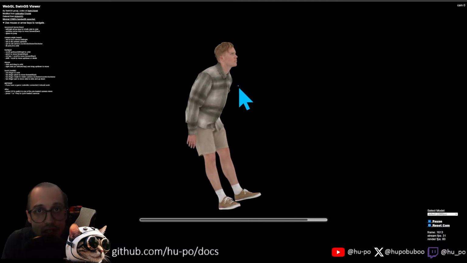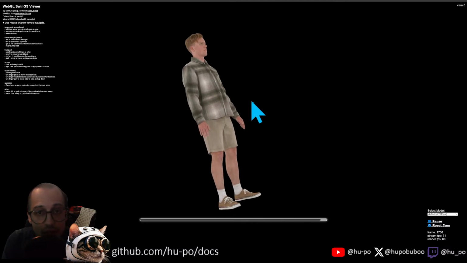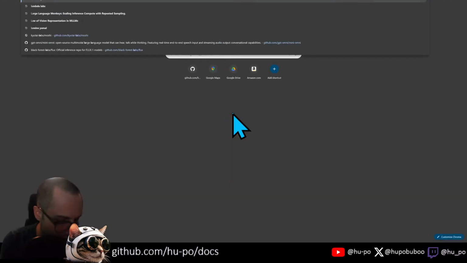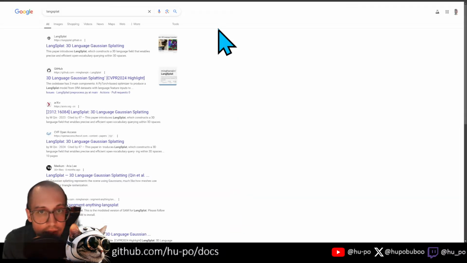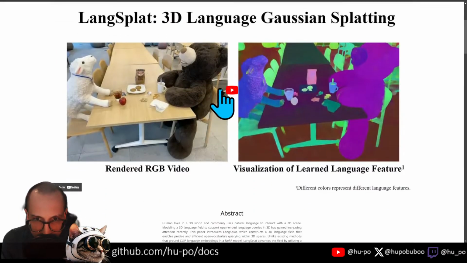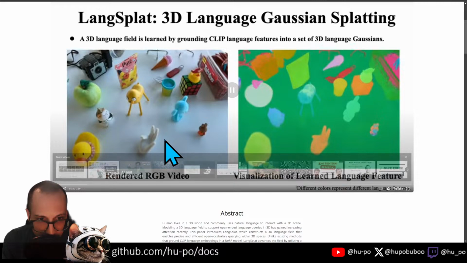Are the Gaussian splats searchable? Yeah, you could do it. There's LangSplat. I think we reviewed this paper, but this is the idea of adding semantic properties to the Gaussians.